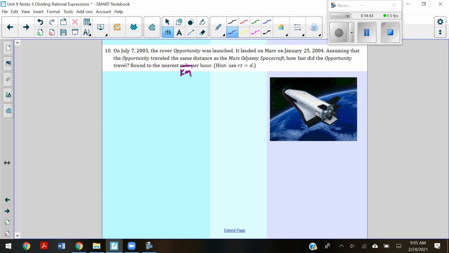So it launched on July 7th. How many days are there in July? Well, July has 31 days, but it didn't launch on July 1st, it launched on July 7th. So from 7 to 31 is actually only 24 days traveled.